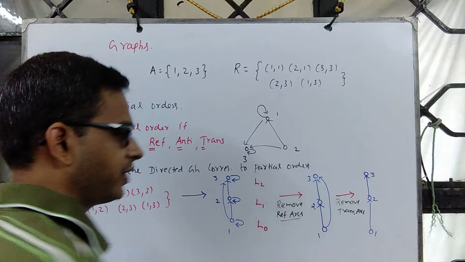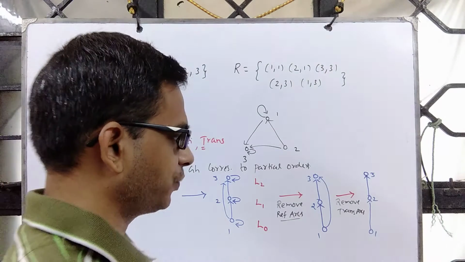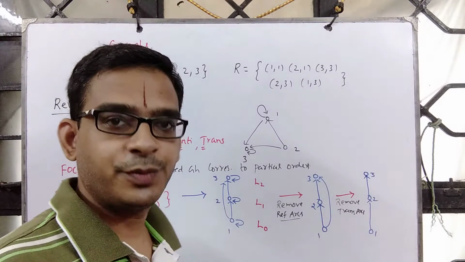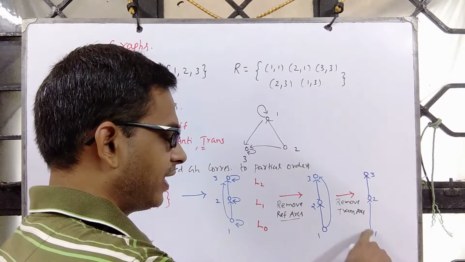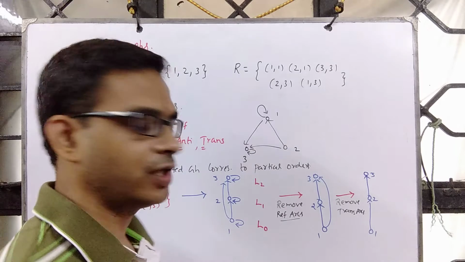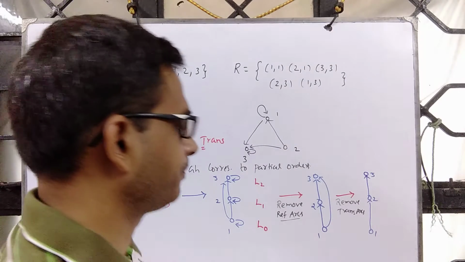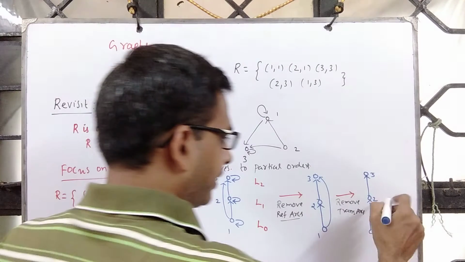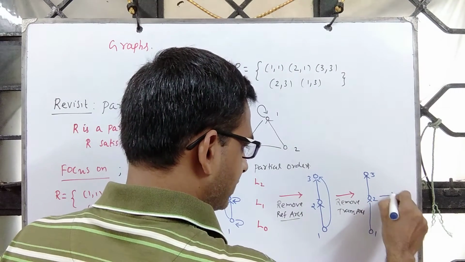The arc (1,3) I am not drawing, it's understood, because we have 1 to 2 and 2 to 3, and because it's a partial order, it has to be transitive. There will be an arc from 1 to 3 which is implicit, not drawn explicitly. Now I have arranged the vertices in a linear chain.